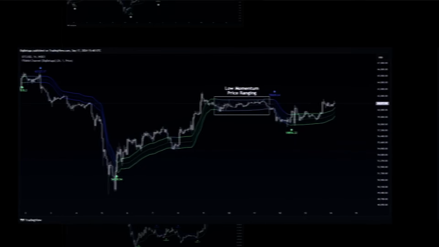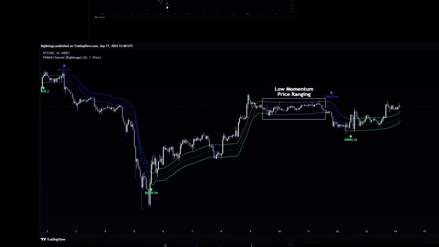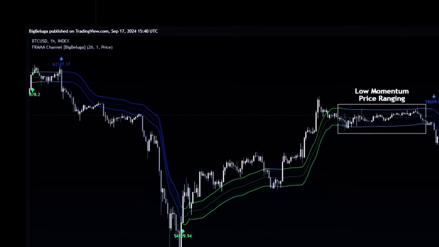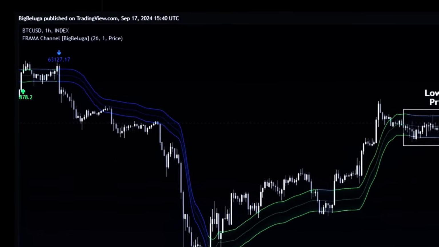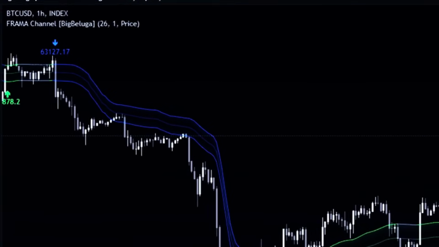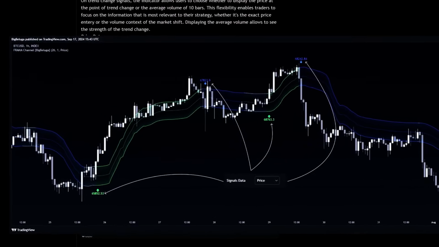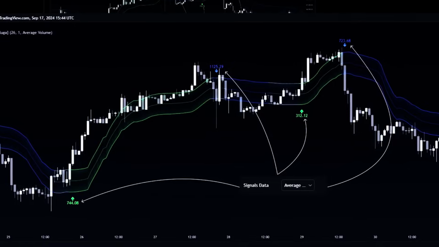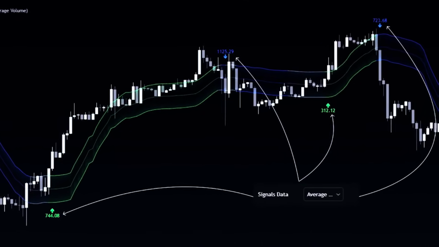What that means is, it doesn't just show you the trend. It also figures out how sensitive it needs to be depending on how much the market is jumping around. The unique adaptability is part of the secret sauce. When the price crosses above or below those channel lines, that's your signal. It's telling you there's a potential shift in the trend. But here's the real neat part for us beginners.